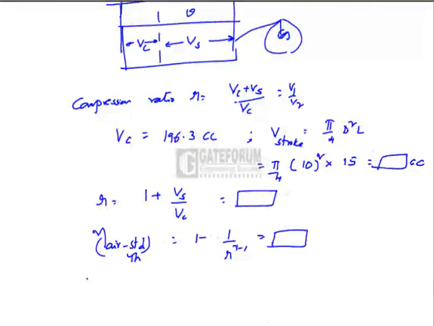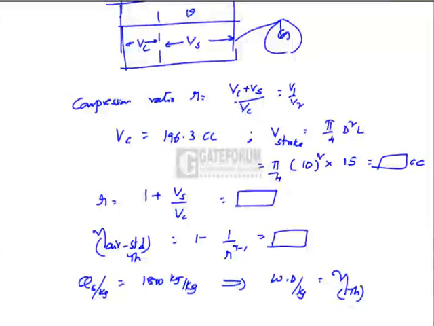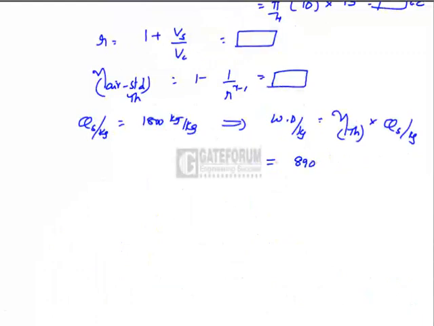Because heat supplied per kg is given as 1800 kilojoule per kg, work done per kg of air is equal to air standard thermal efficiency into heat supplied per kg, which may be obtained as 890.2 kilojoules per kg of air. Answer is D.